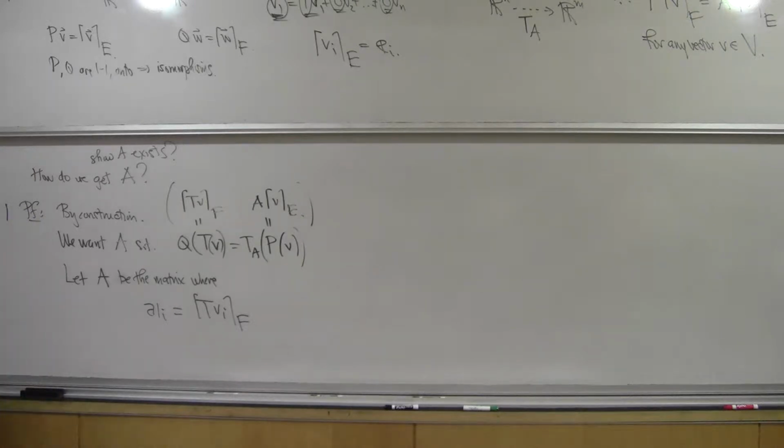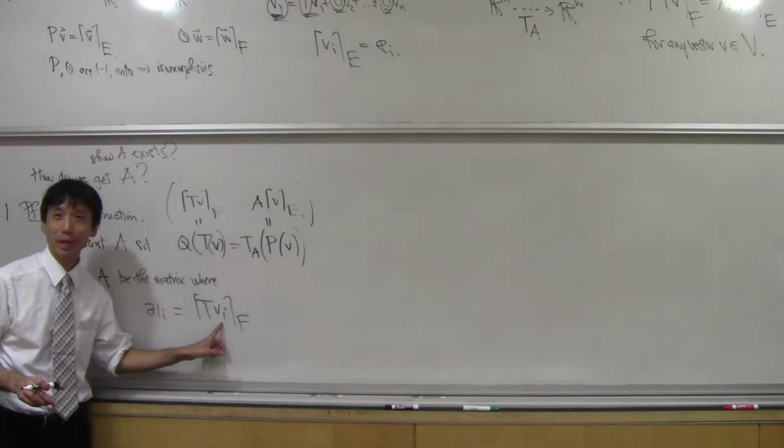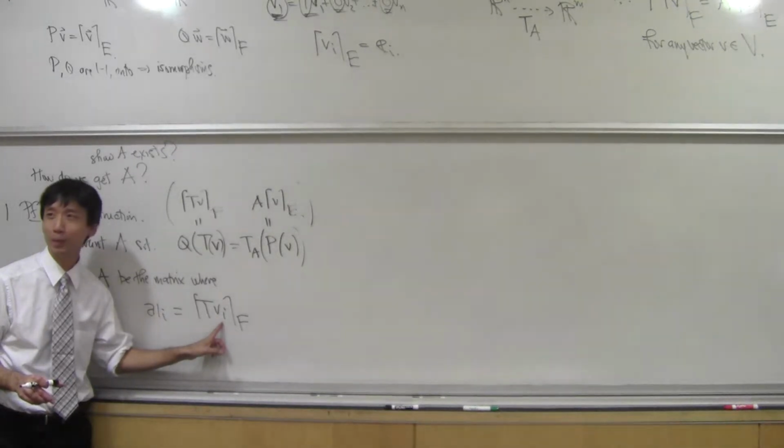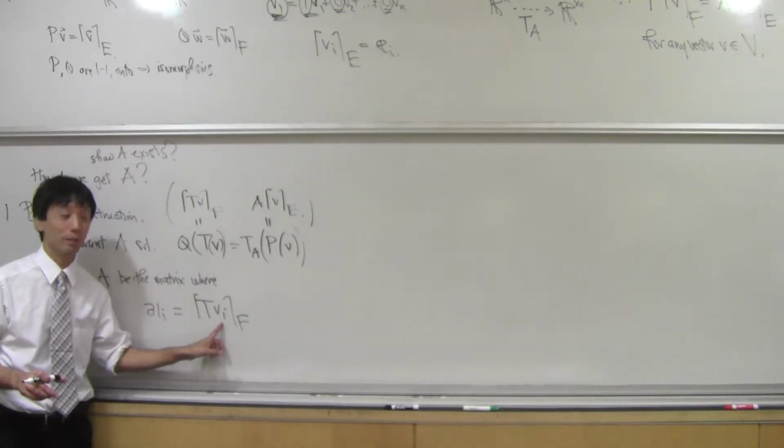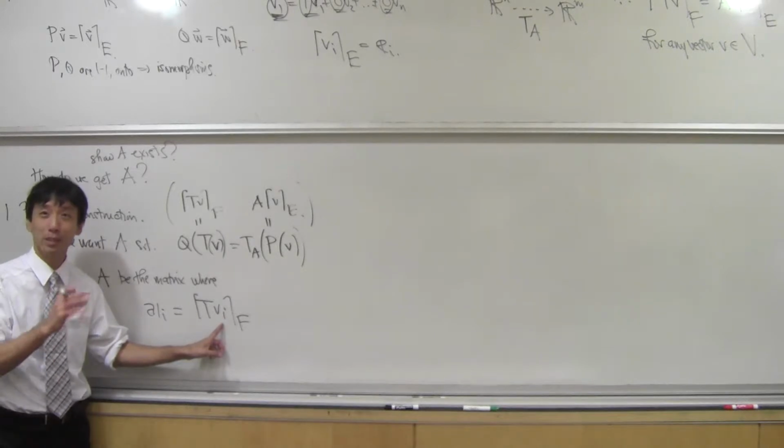So I know there's a lot of things to remember. Like what is everything? Who are the Vi? Does anybody remember? Montana? The vectors, the basis of V, right? So you have this basis of V.